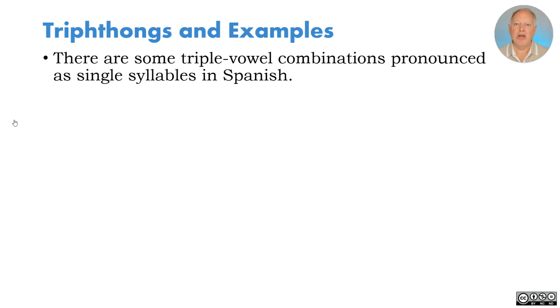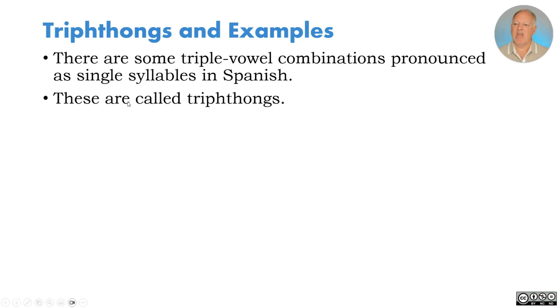So they are triphthongs, instead of diphthongs. Just a few examples of triphthongs. A word like despreciáis, which is a verb form. Despreciáis. You can see there on the screen that we have an e, an i, an a, and then another i.